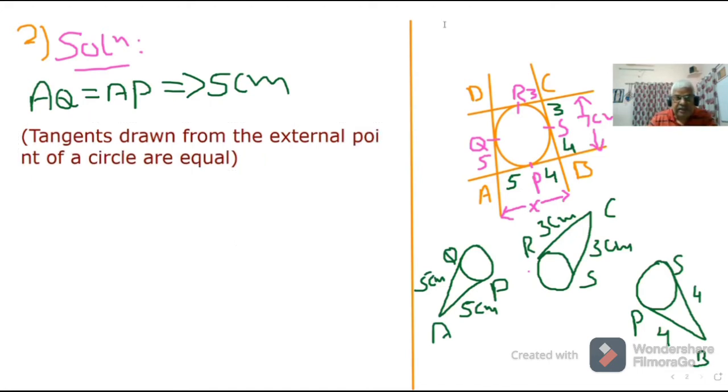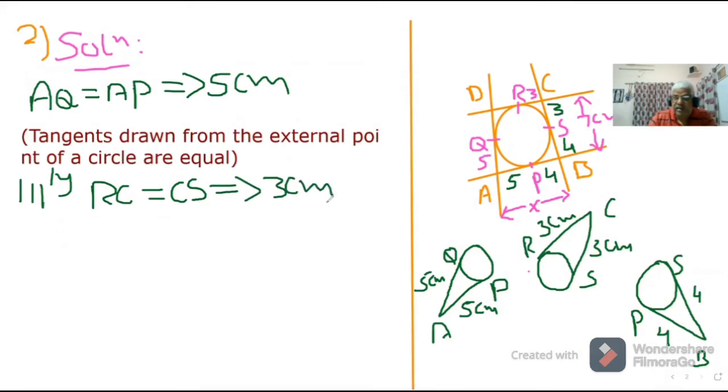Next, what to write? Similarly, RC measurement is equal to CS measurement. Both of them are equal to 3 centimeter. Next, you have to consider BS measurement, which can be written as BC minus SC.